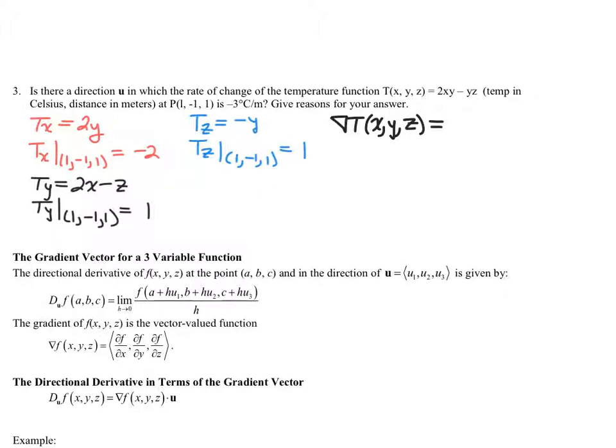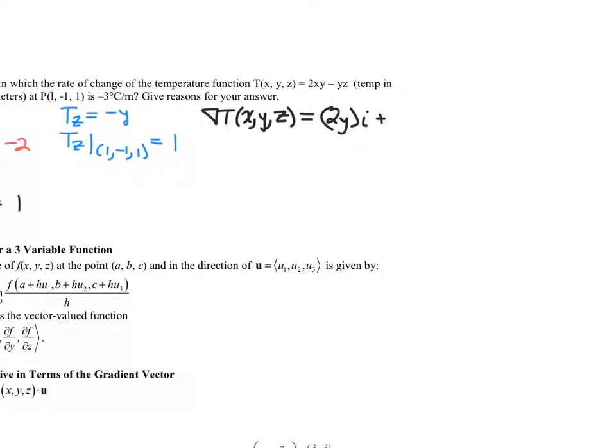So 2y i plus (2x minus z) j and then plus yk, so I'll just say minus yk.